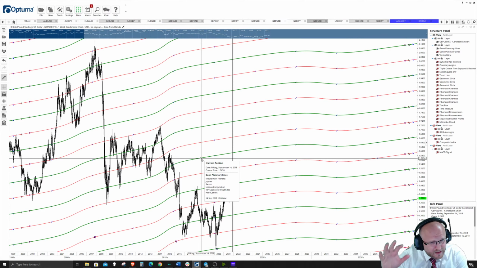It's a conjunction, meaning that they're all sharing the same angle. For whatever reason, when these three astronomical measurements are present and you transpose them onto a price chart, they represent the natural support and resistance levels that exist for the pound dollar.